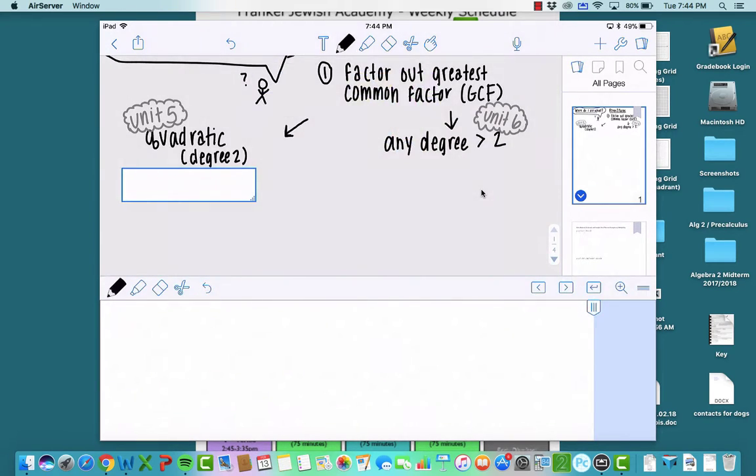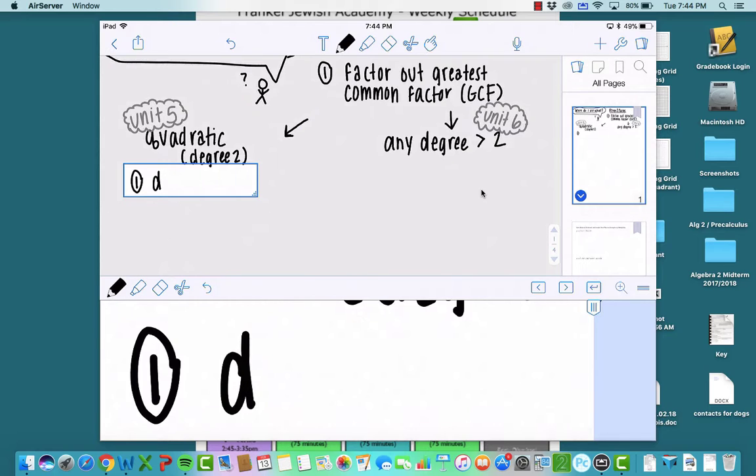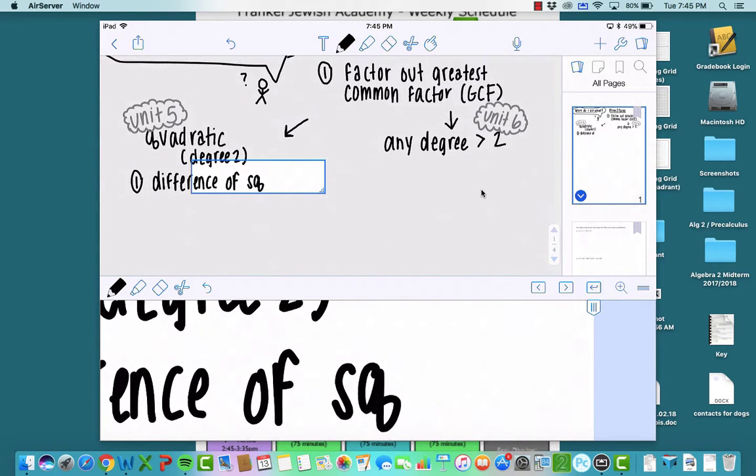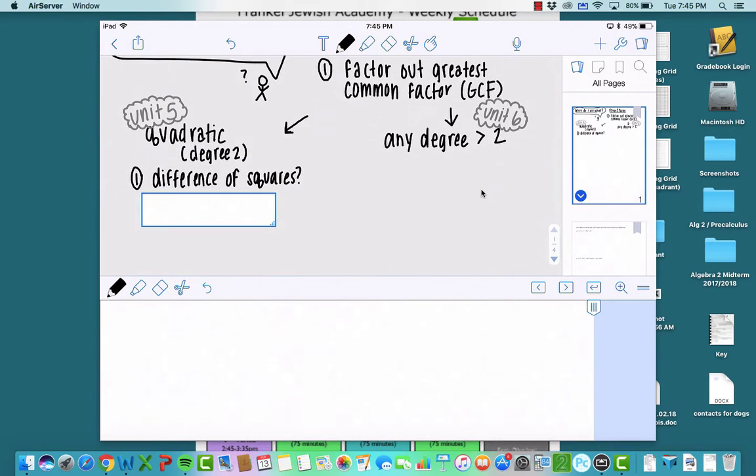So we're going to start with, you got to ask yourself, one, is it a difference of squares? If it's a difference of squares, you're going to use that formula that you have to memorize.